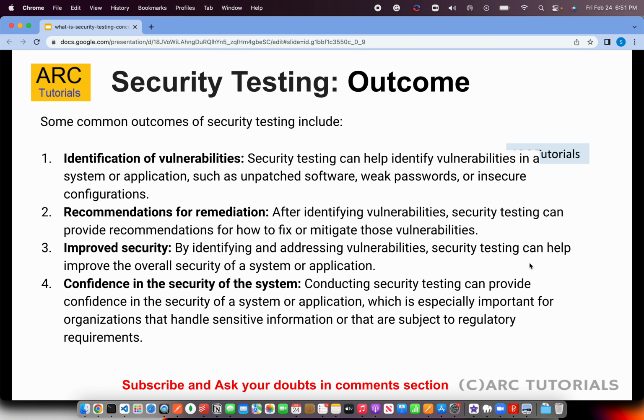Overall, the expectation of the outcome of security testing is to give us confidence that our system is ready, is compliant, and has all the potential fixes in place in order to govern and control the data that goes out or comes inside the system.